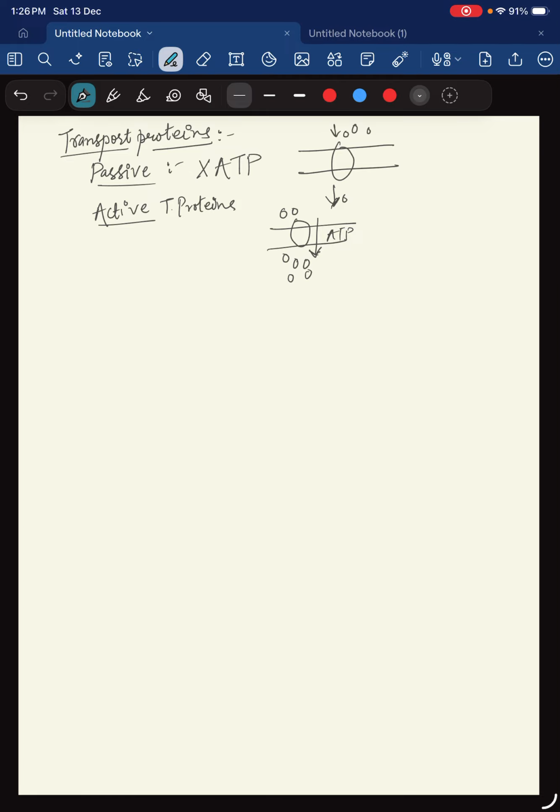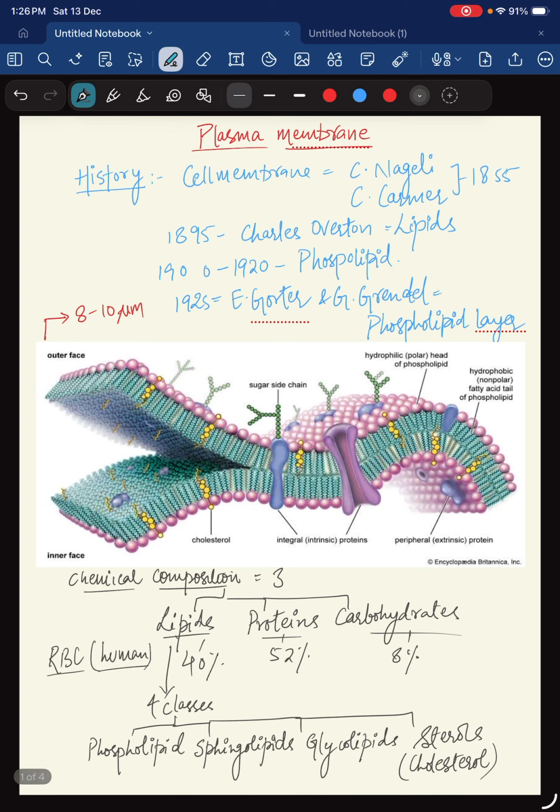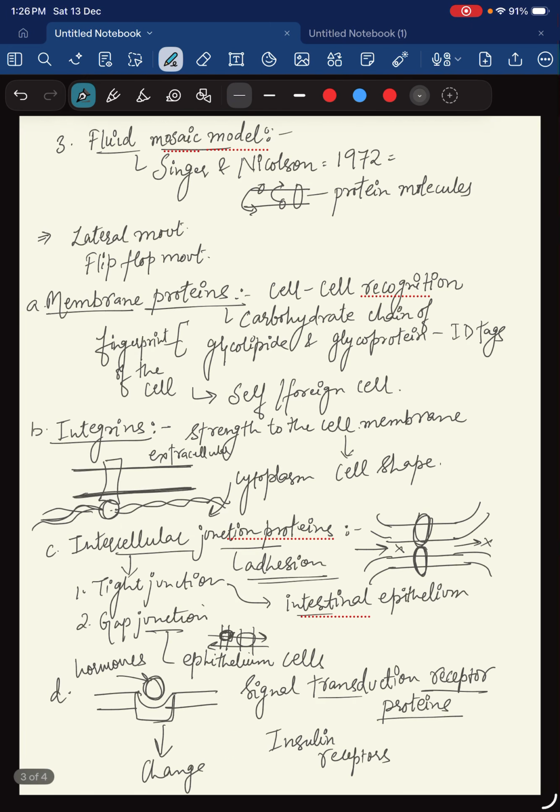So till now we have covered in the plasma membrane the structural part of it, the composition part, lipids, proteins and carbs, the history part where scientists introduced models, the sandwich model and unit membrane model, and finally the most accepted model, that is the fluid mosaic model.